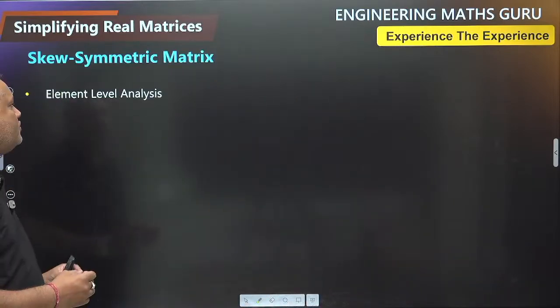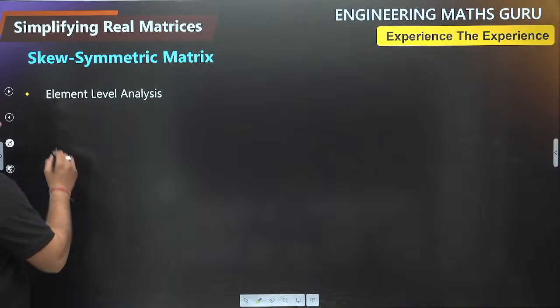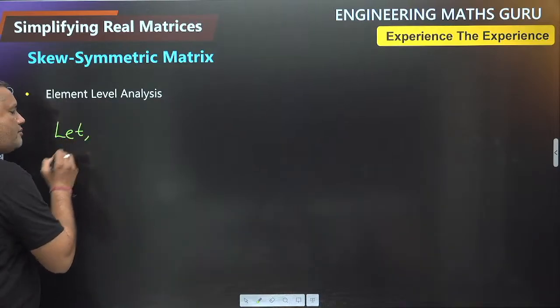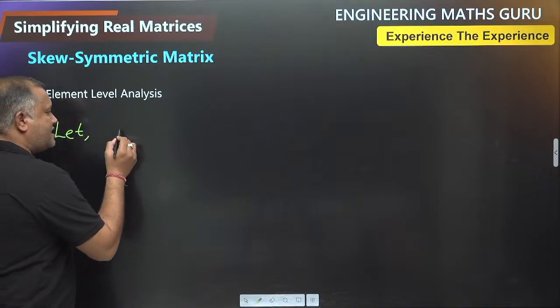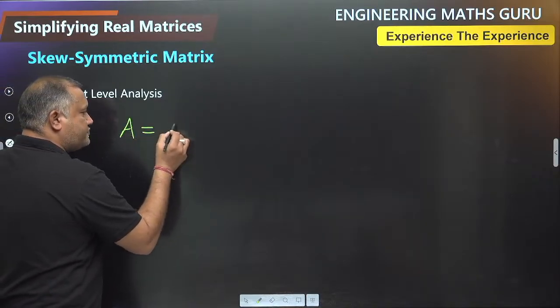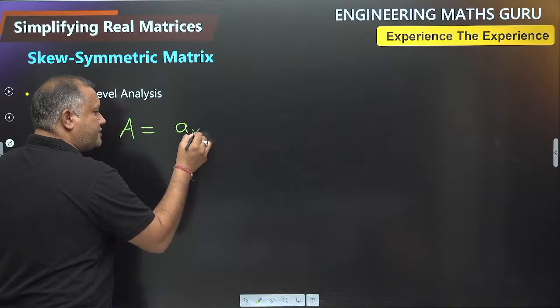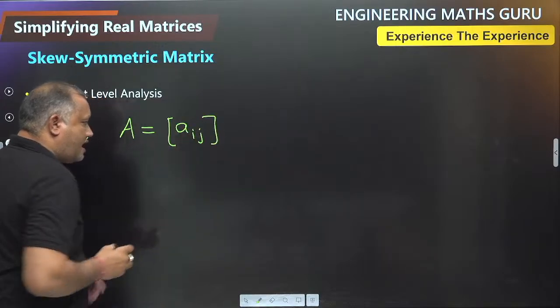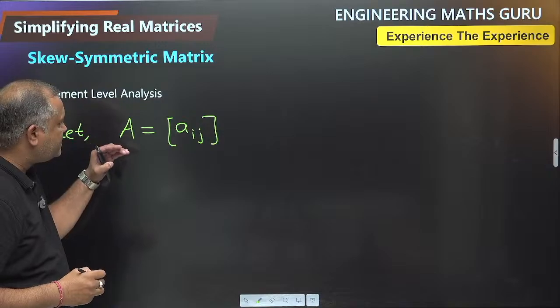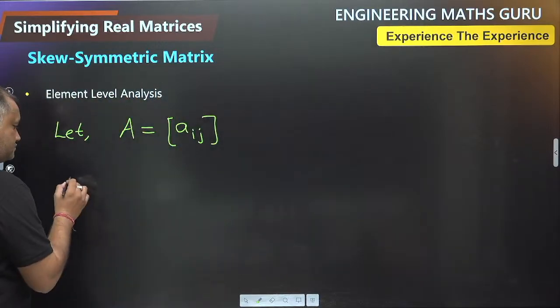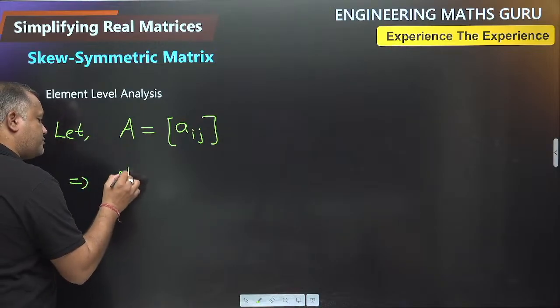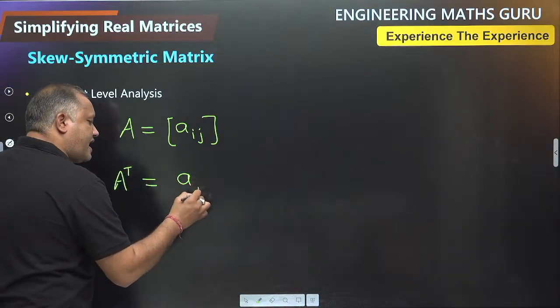Now, skew symmetric matrix. Students, we have to perform an element level analysis for skew symmetric matrix. Let us say we are having a matrix A which is A of ij. I just assume that this matrix A is A of ij. Is that okay? Yes. Now, what do you mean by A transpose? So A transpose will be a of ji.